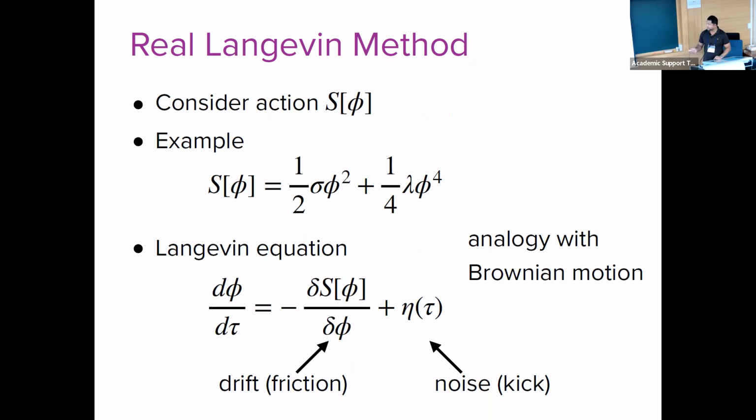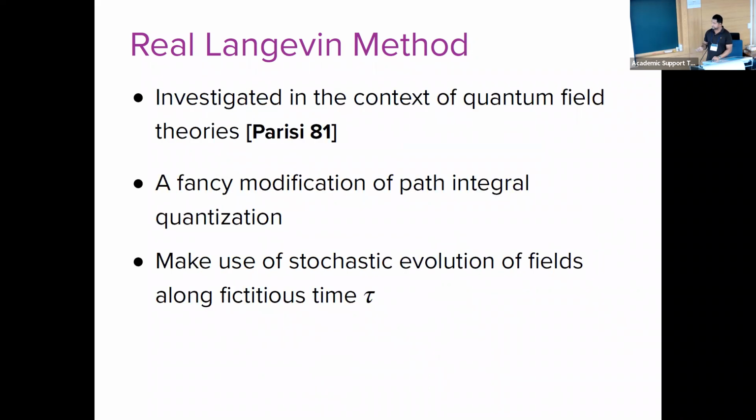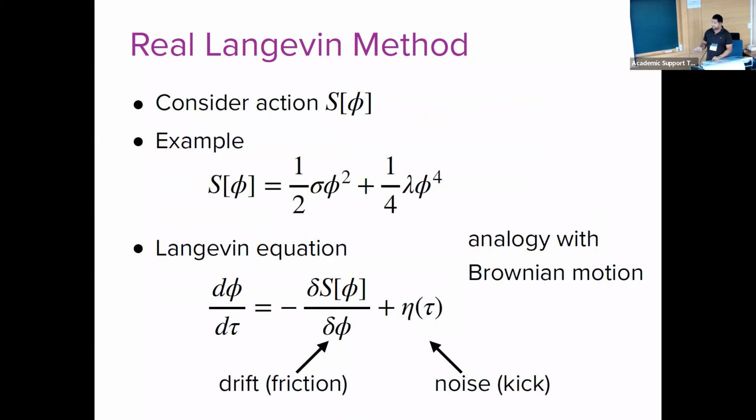If you look at the action, you don't see any integral here, so it's 0-dimensional. It's a toy model, just to give you an idea. In principle, we can study this with an integral over dx dt, d cube x dt, so in any spatial dimension.